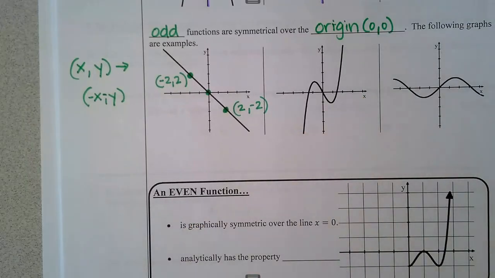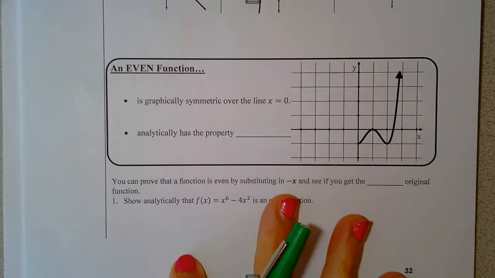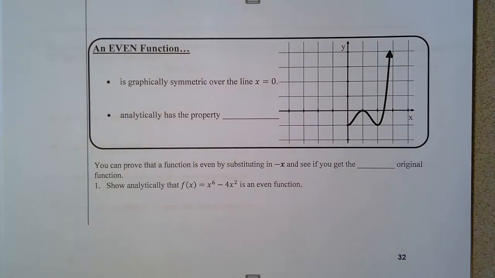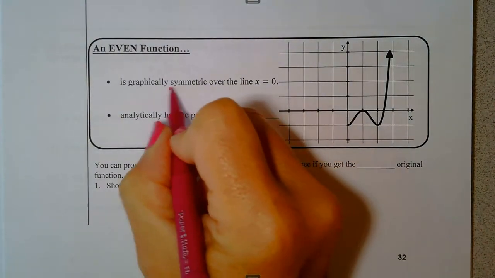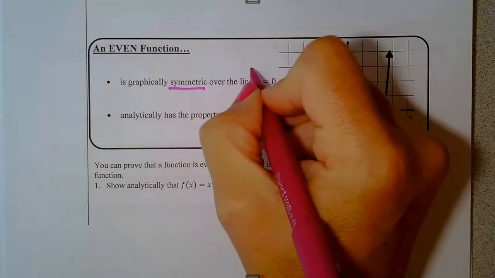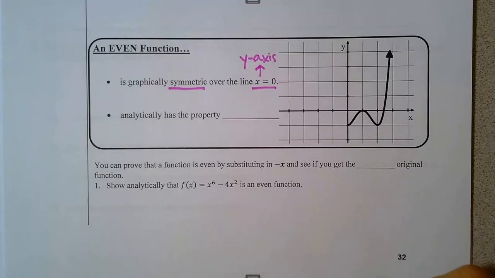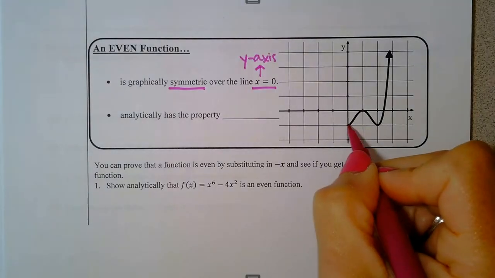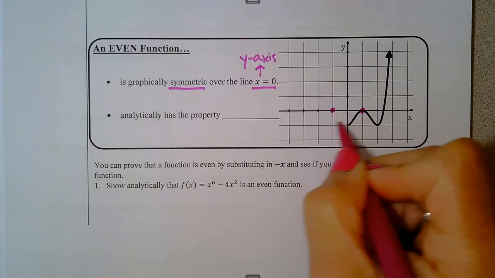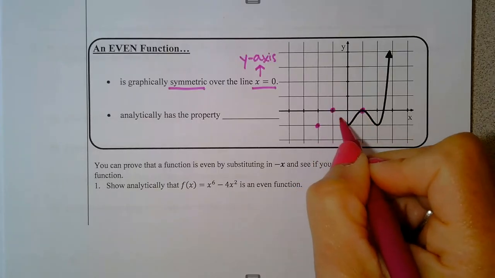Okay? So if I wanted to, this even function right here, if I had to graph the other half, it is symmetric over x equals 0, which is the same as the y-axis. Okay, so if I wanted to draw this, it'd be pretty easy, don't you think, to make your dots to draw?